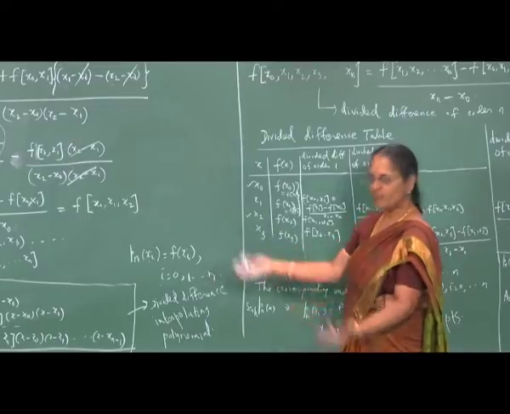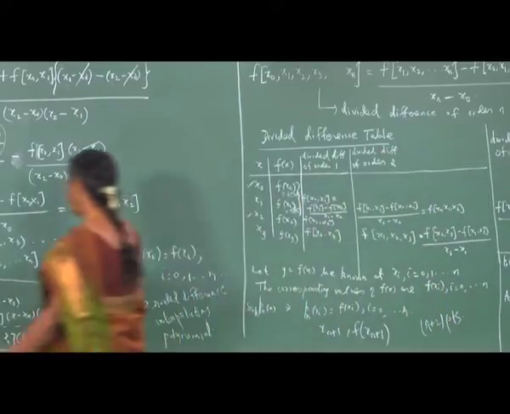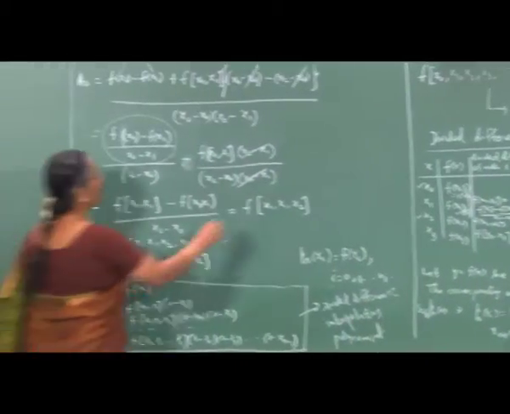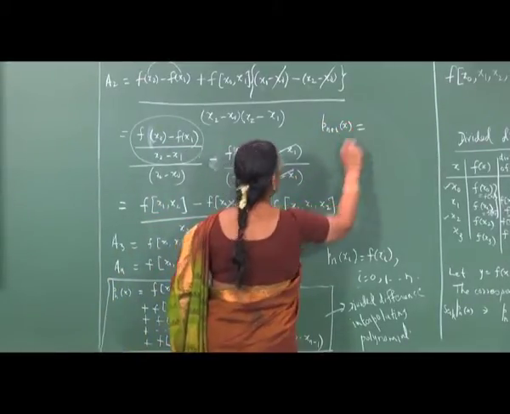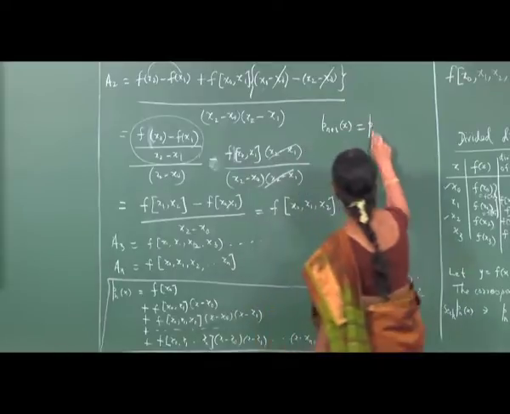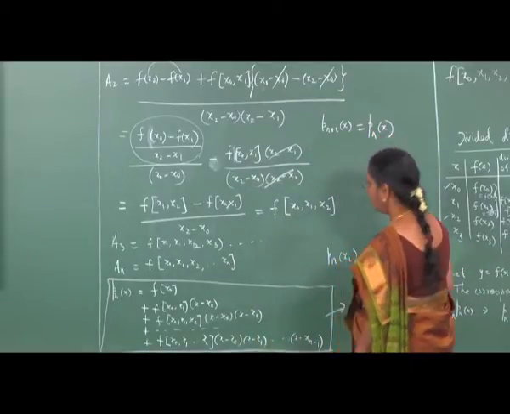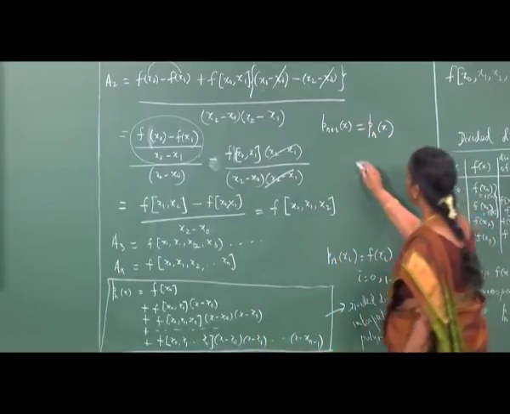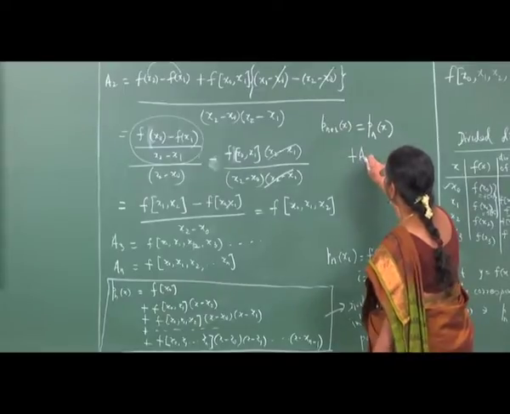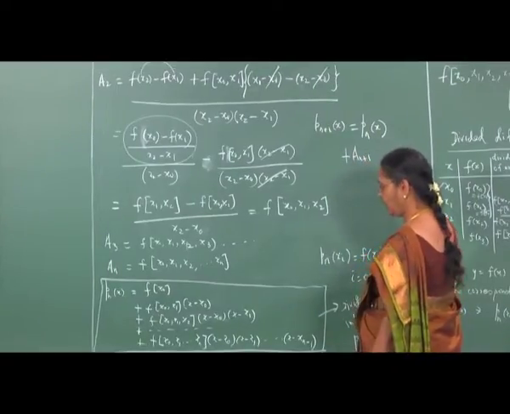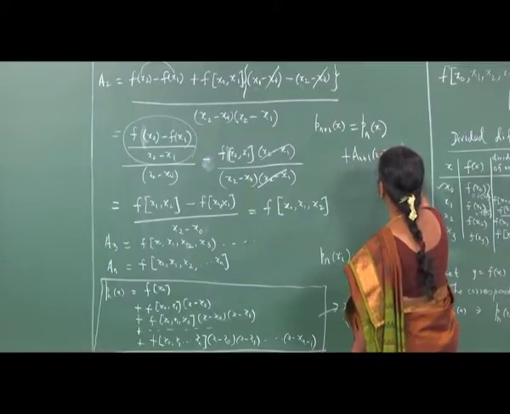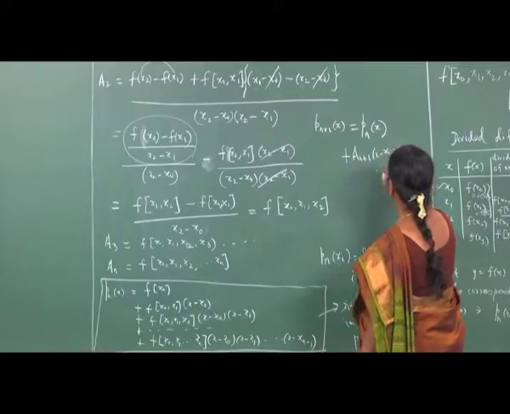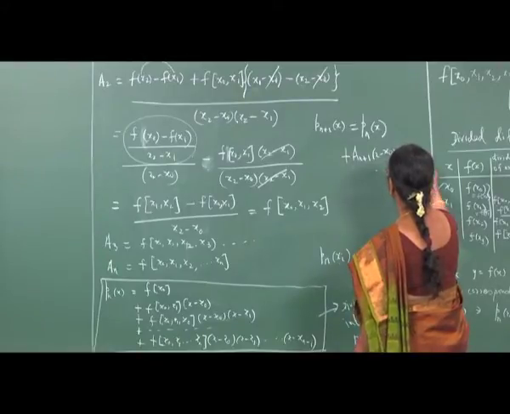The procedure is very simple in the sense that I require now a polynomial of degree n plus 1, and that is going to be the polynomial of degree n that I have already computed plus another term must be added to it, so that it is A n plus 1 multiplied by x minus x0 into x minus x1 etc. up to x minus xn.